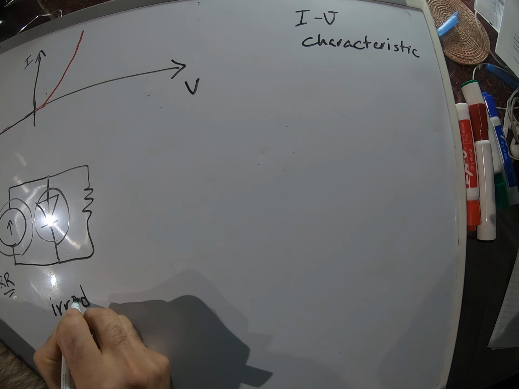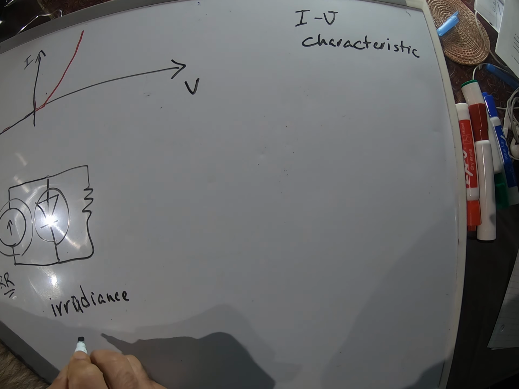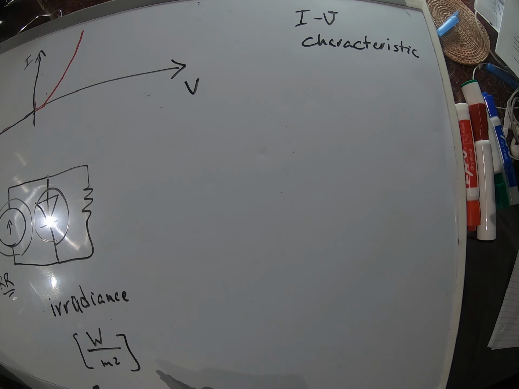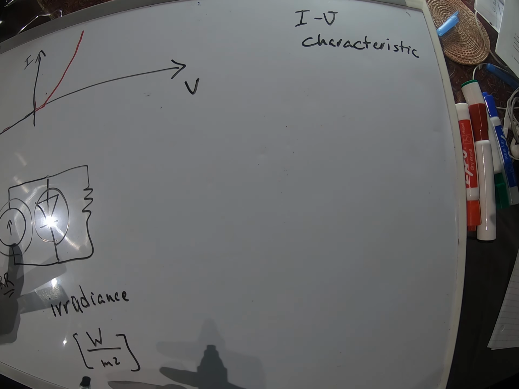I just want to make sure that I spell it right, irradiance. So this is how much solar energy you receive per square meter of area. So this is basically modeling the irradiance of the solar cell.